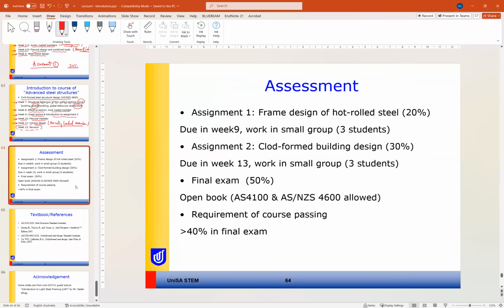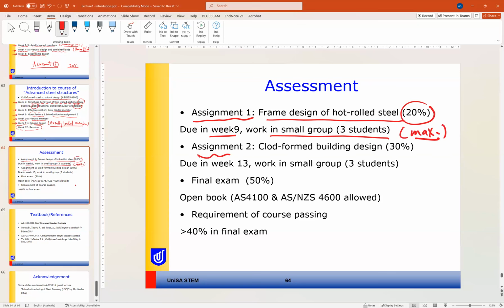And the assessment, as I mentioned, assessment 1 for hot rolled steel, 20%, due in week 9. We will form group of 3 maximum. And assignment 2 for cold formed steel, 30%, again, group of 3 students maximum.